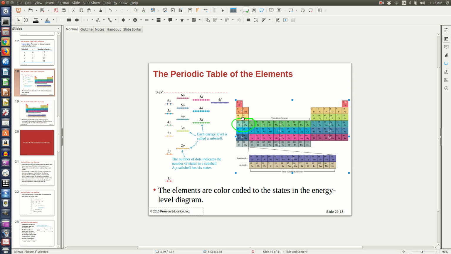Once the 4s state is filled, then we start filling the 3d state, and that's what gives the periodic table this interesting shape, where the 3d electrons are now sitting down in the n equals 4 row because they have a slightly higher energy than the 4s.